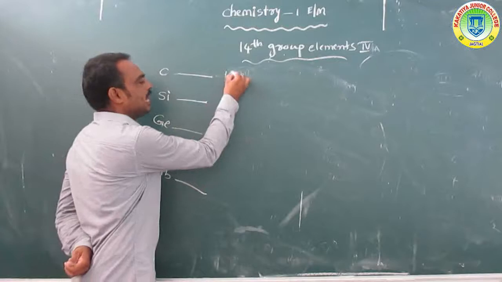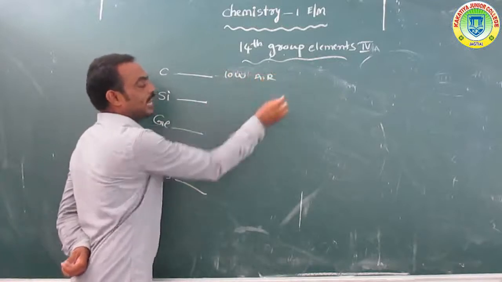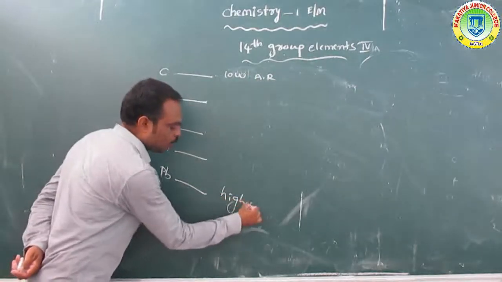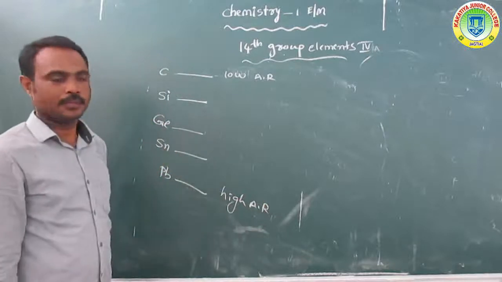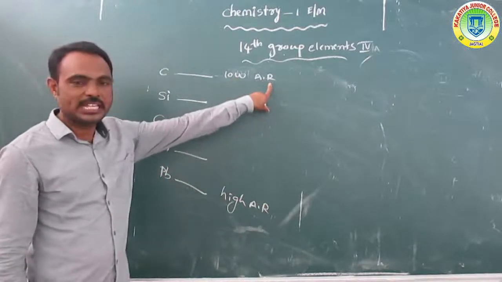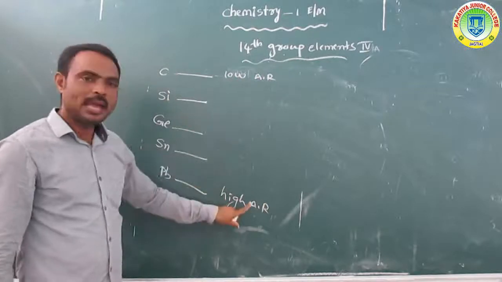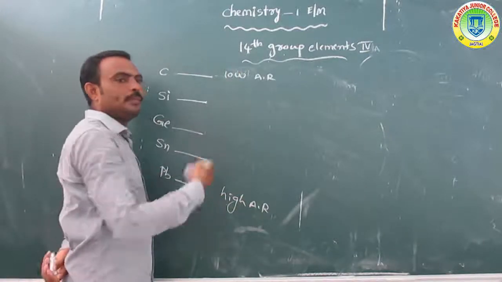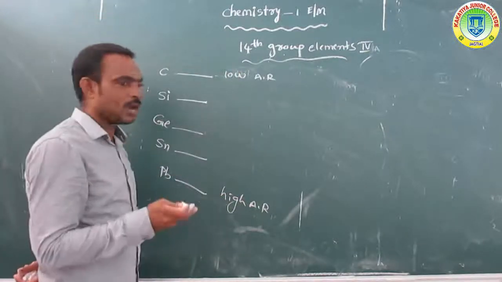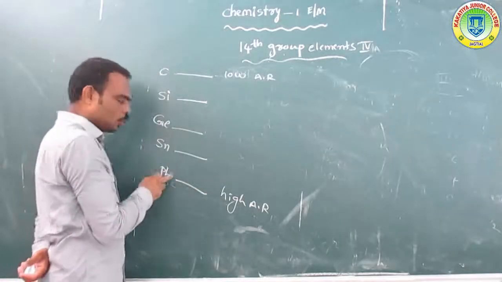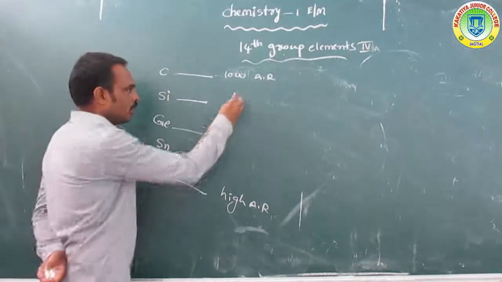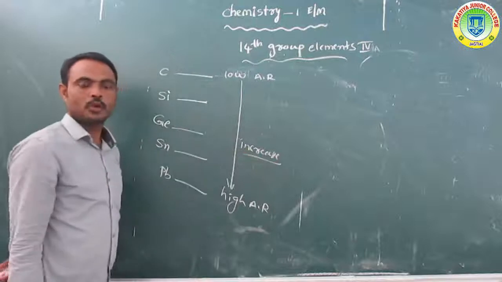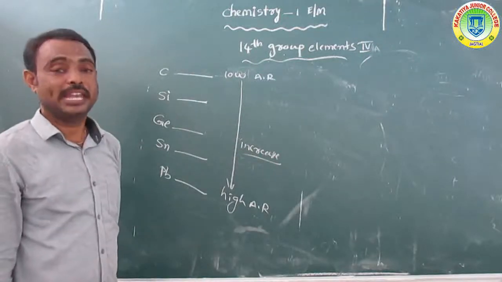Very low atomic radius value for carbon, very high atomic radius value for lead. From top to bottom in a group, from carbon to lead, the atomic radius values increase.